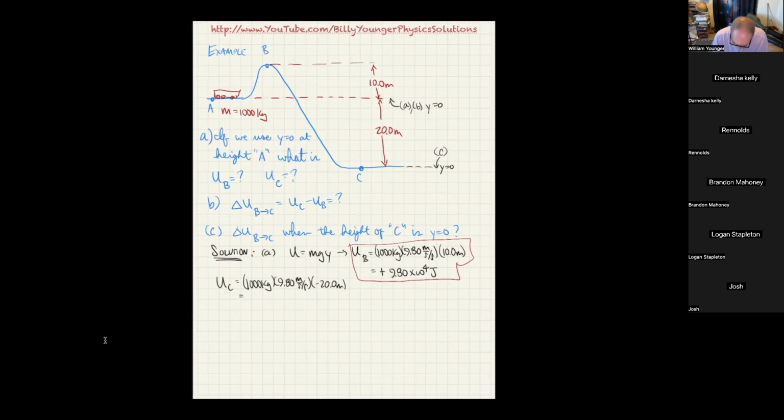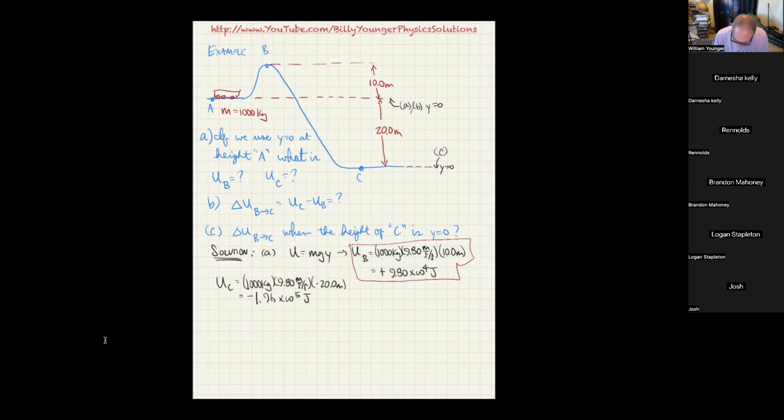And for that, we get 1,000 times 9.8 times 20, which is really going to be about twice as big. So that's -1.96 times 10 to the 5th.